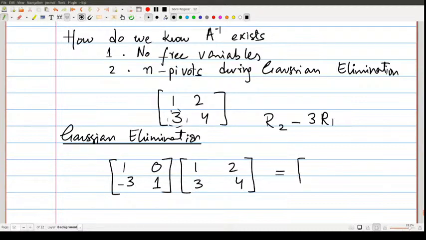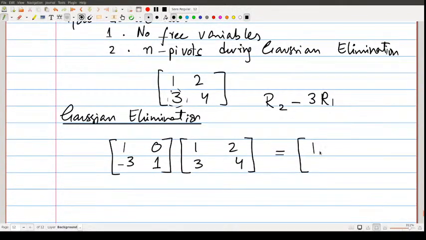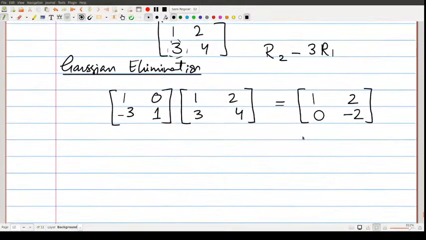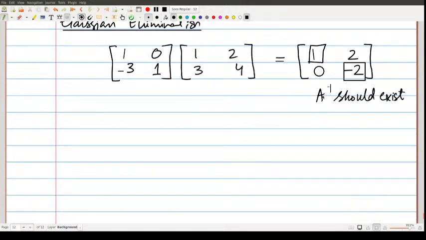The result is 1, 2, preserving the first row, and 3 minus 3 times 1, which is 0, and 4 minus 3 times 2, which is 4 minus 6, so minus 2. So Gaussian elimination gives me 1, 2, 0, minus 2, and at this point I know that I have two pivots, 1 and minus 2. This tells me that there are no free variables, and that A inverse should exist.